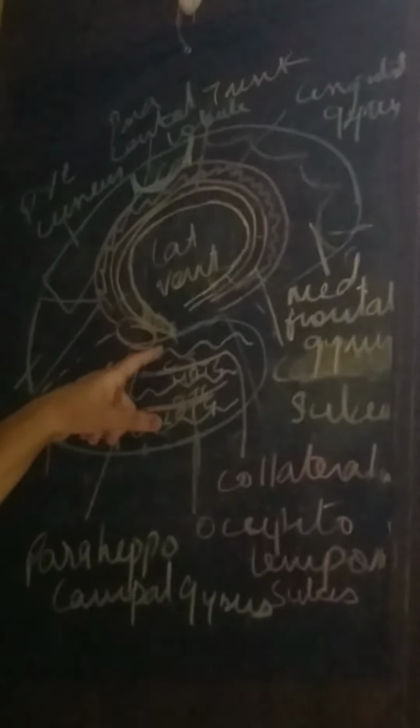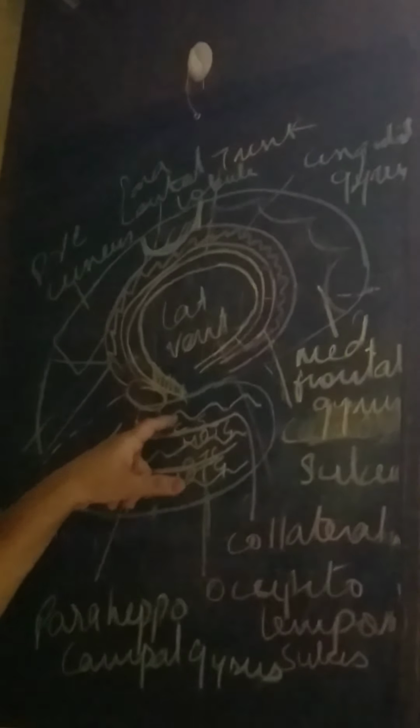The three gyri are the parahippocampal gyrus, the medial occipitotemporal gyrus and the lateral occipitotemporal gyrus. So I will revise the whole thing at the end.